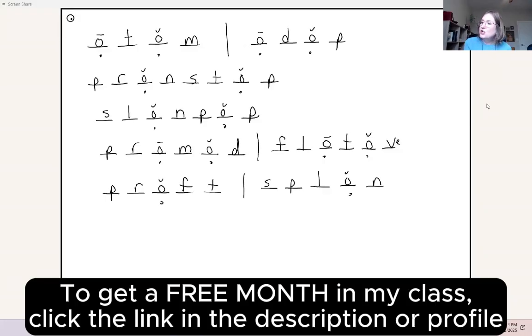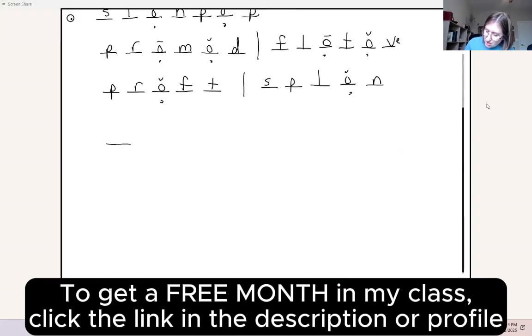Let's do the word "shawtod." Let's do this one together. We have sh, ah, t, ah, d. Consonants: sh, ah, t, ah, d. Vowels. Now this one might not be as easy as it might seem.